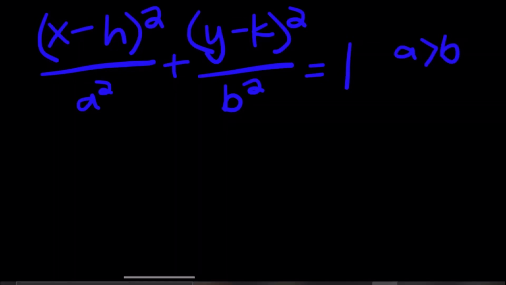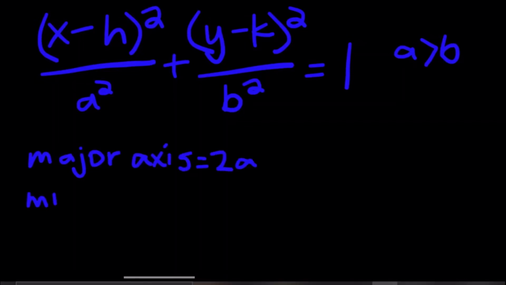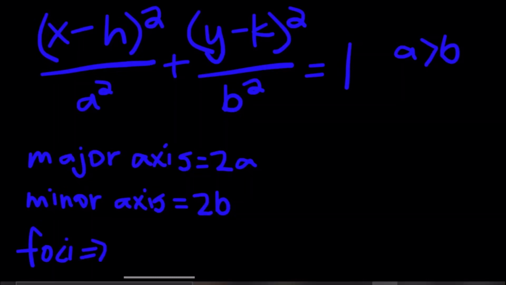The major axis length is 2 times the quantity a, and the minor axis will be 2 times the quantity b. The foci can be found by the equation f squared equals p squared minus q squared, but this will be used later, and for your reference, that is the equation that will be used.